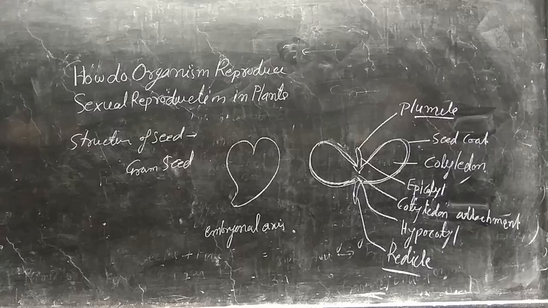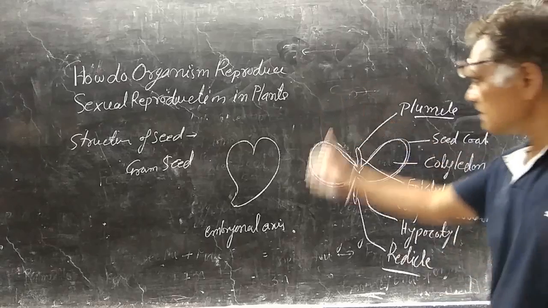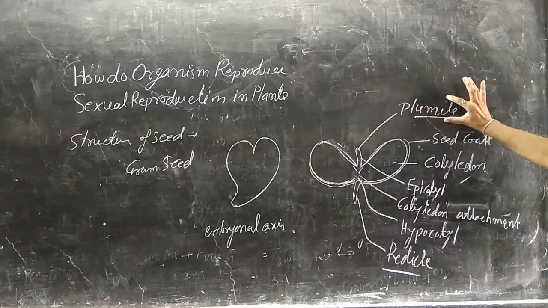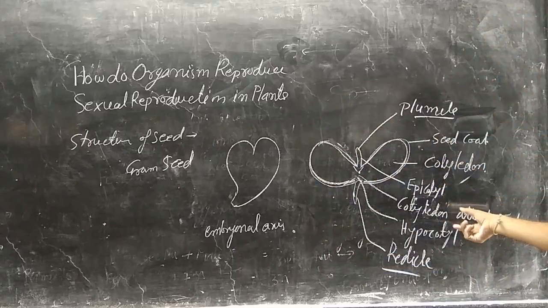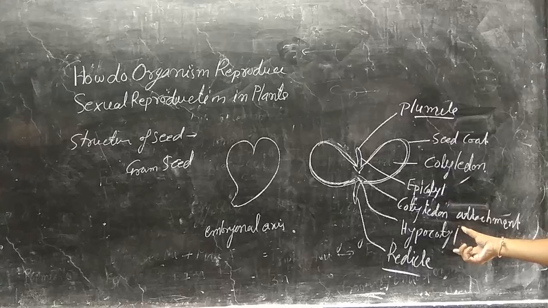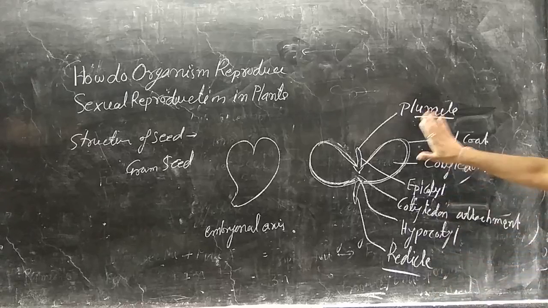So these are the different portions of the embryonal axis in this sequence: plumule, then epicotyl, then cotyledon attachment, then hypocotyl and radicle.